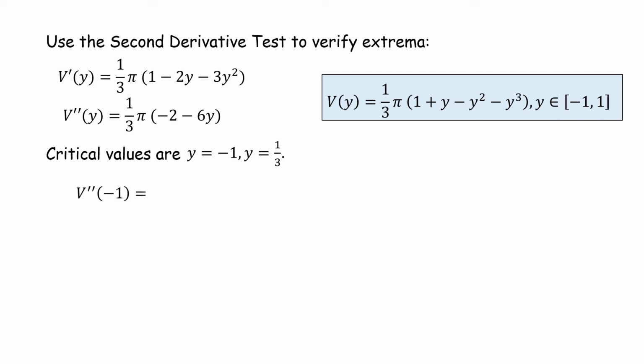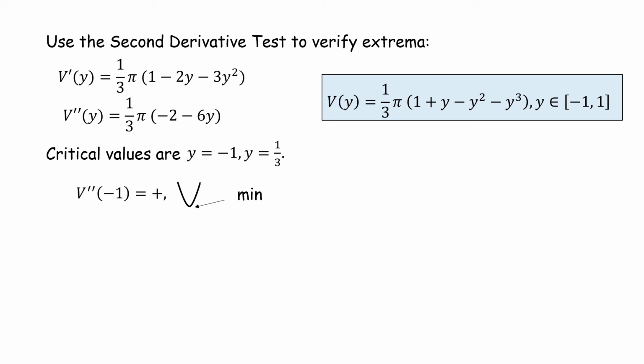V double prime of -1, you're going to have 1/3 pi times the quantity -2 minus 6 times -1. -2 plus 6, that's a positive. If the second derivative is positive, then we know that at that point the graph is concave up. And if the graph is concave up, the extreme point is a minimum.